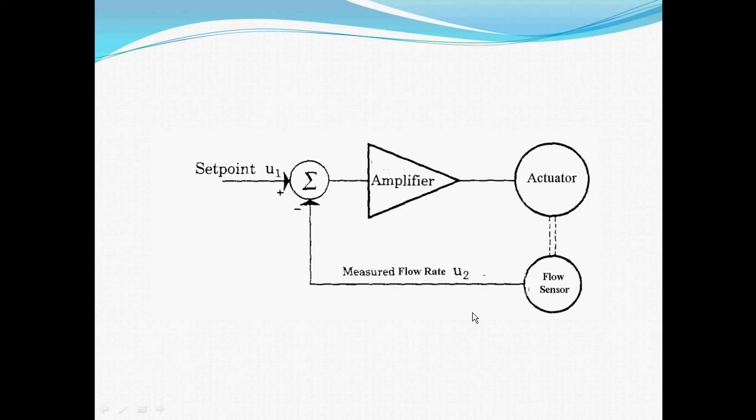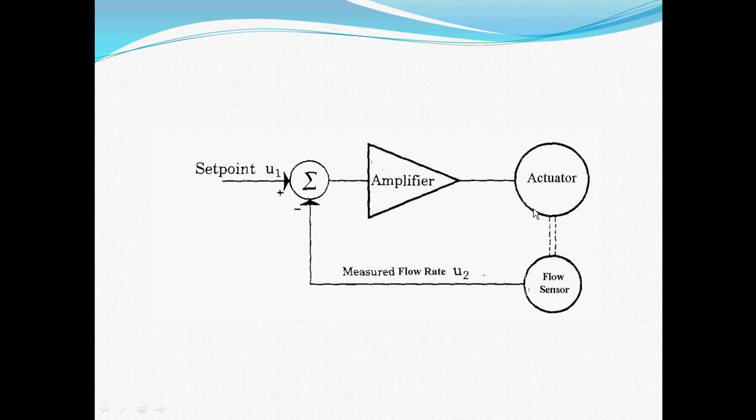Originally, flow rate control can be achieved by an analog feedback system in which any change in flow rate is sensed and compared with a fixed reference voltage. The error voltage is amplified by the amplifier, whose output drives the actuator.